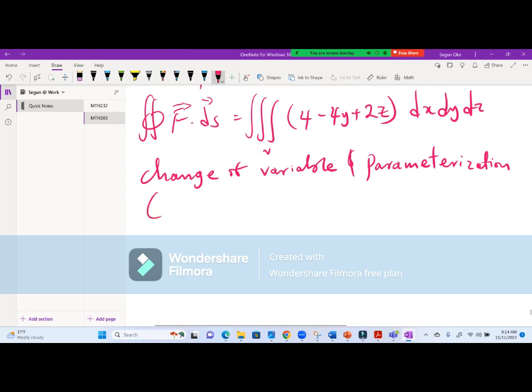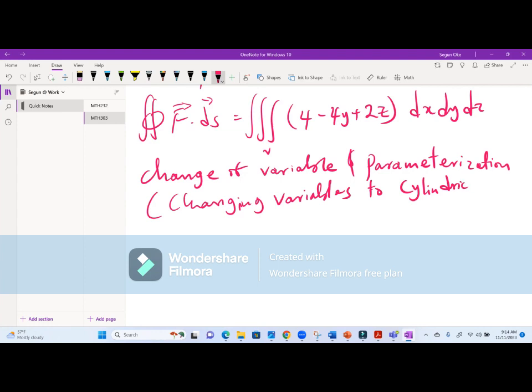So we are changing variables to cylindrical coordinates.